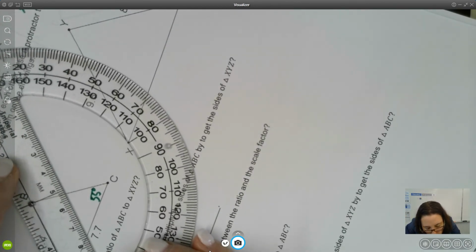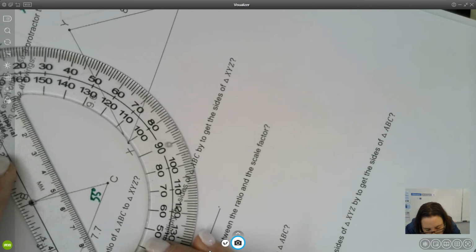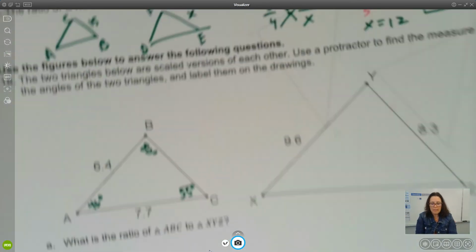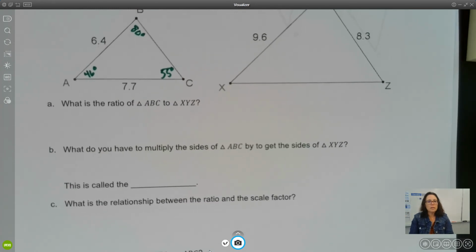And this one comes out to be roughly 80. If you add those up, you should be right about 180. When we're humanly measuring three different angles, you might be a degree or two off on each one, so if you're anywhere from 175 to 185 total, you're good.